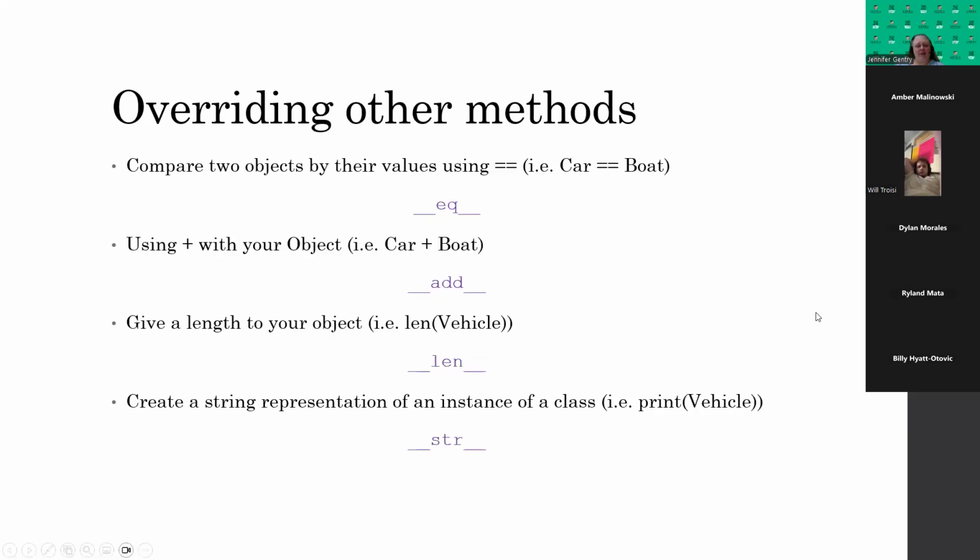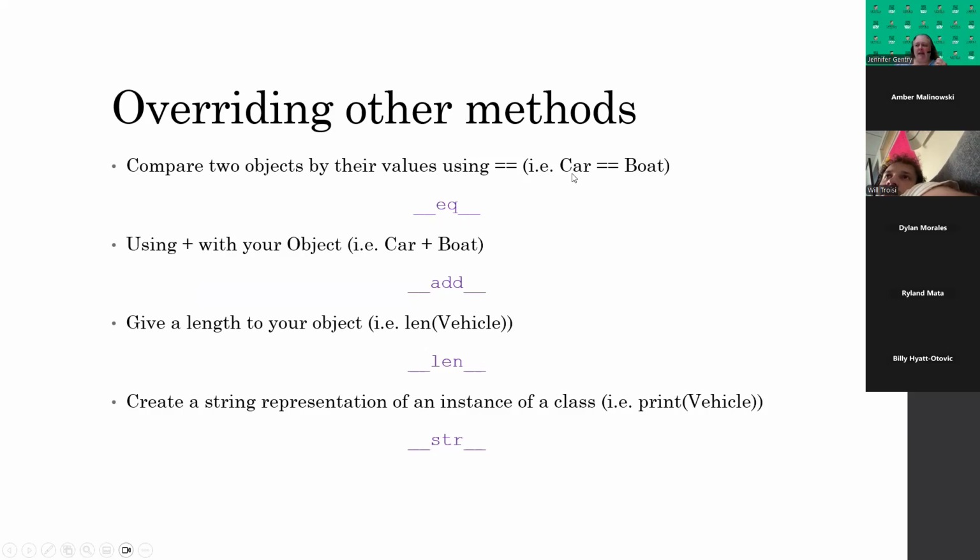Now, some other methods that are really great to override. I've got underscore underscore eq. It's an equivalency, but a special equivalency. What __eq__ is actually doing is allowing me to use that double equal sign, which is really kind of cool.